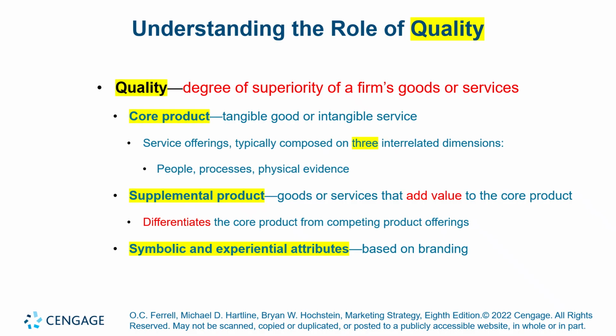You also need to have high quality on supplemental products, goods or services that add value to the core product. Supplemental products differentiate the core product from competing product offerings. Then there are also the symbolic and experiential attributes based on branding. That's also part of quality. That's the role of quality.